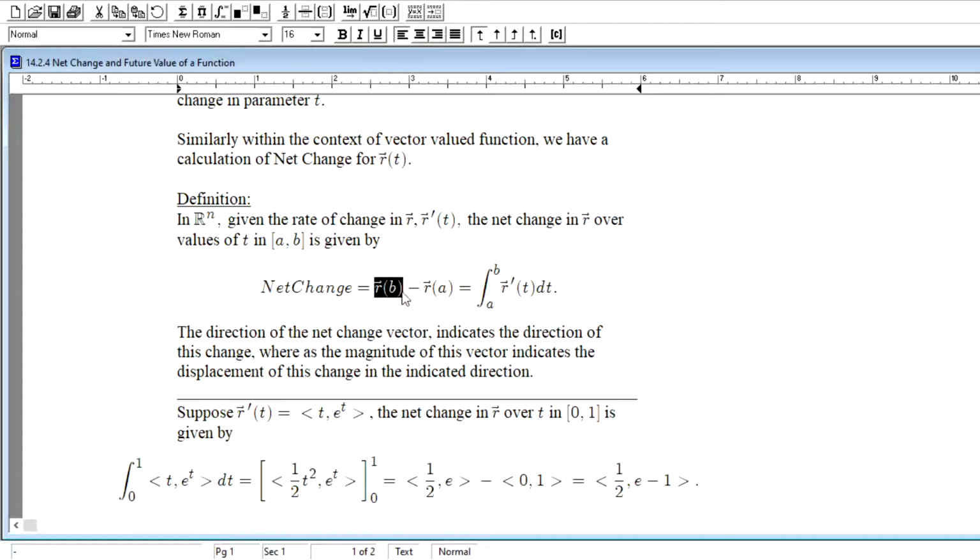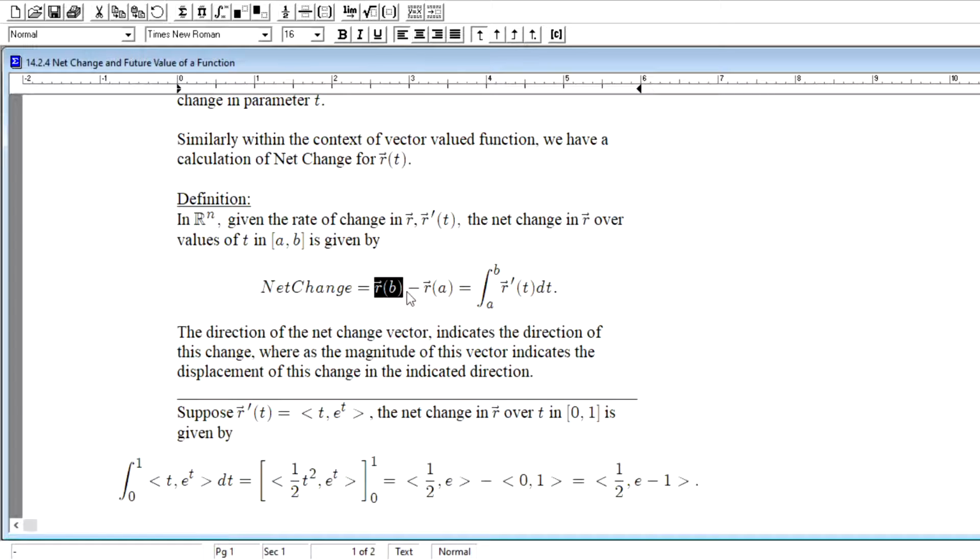But what it also allows us to do is not only add that r bar of a to net change to come up with this interpretation, we can take r bar of a, add it to the right hand side of this definition, and obtain information about r bar of b using the integration calculation.